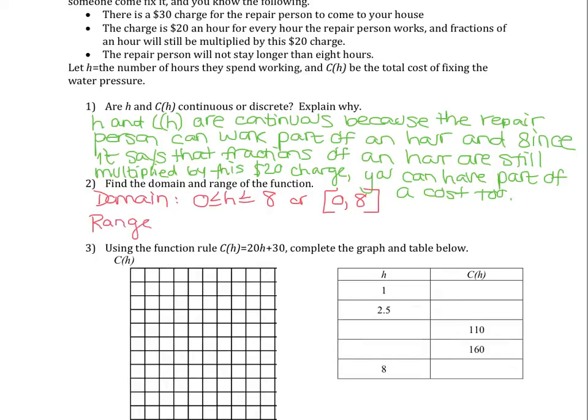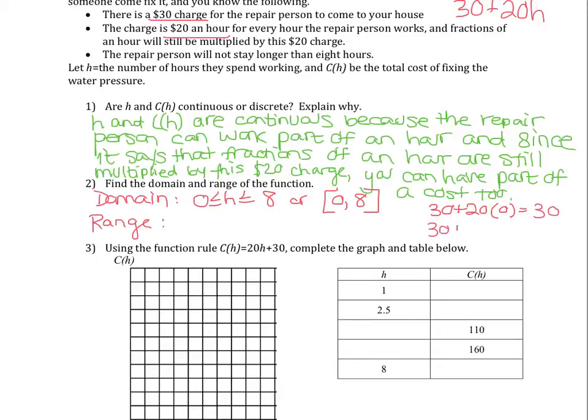Now, we know that our range is going to be the cost from 0 hours to 8 hours. So we need to find that. Well, we know that there's a $30 charge for the repair person to come to your house. We also know that it's $20 an hour. So this is going to be 30 plus 20H. At 0, 30 plus 20 times 0 is going to be 30.